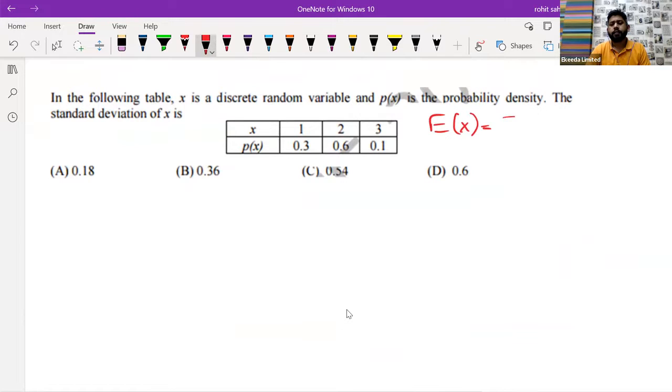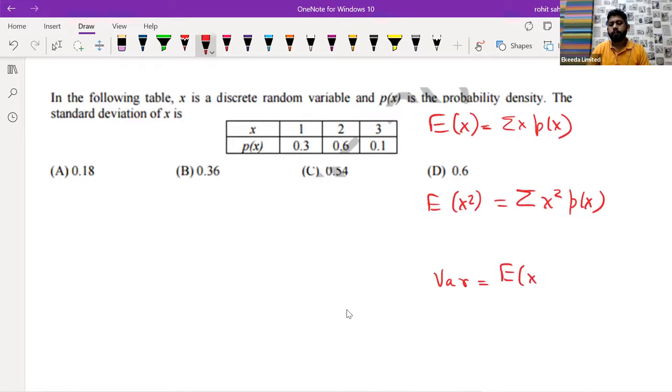Find E of x, summation of x p of x. Find E of x square, summation of x square p of x, and then find variance. So subtraction, E of x square minus square of E of x. And once done, sigma will be square root of variance.